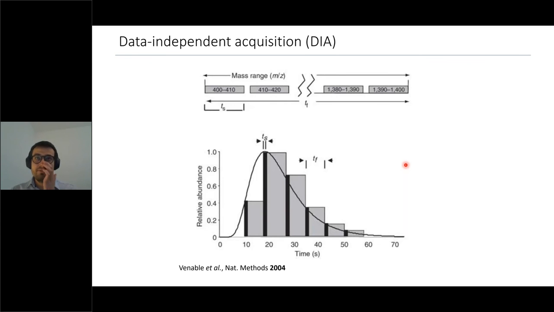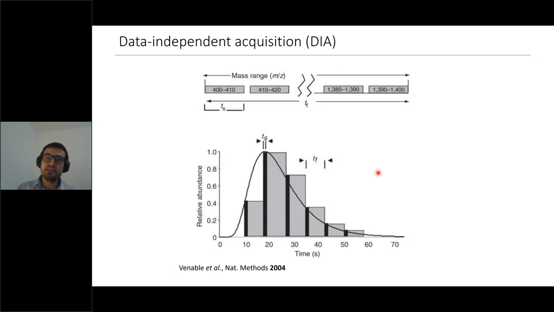So as mentioned before, in DIA, we will divide our entire mass range into small segments that we can then isolate with our quadrupole and fragment in a collision cell. In this case, the width of these segments is about 10 Dalton. And then the mass spectrometer cycles through the entire mass range in these 10 Dalton steps.